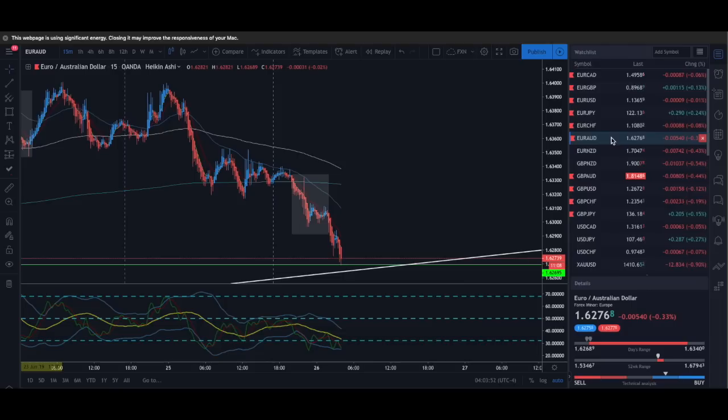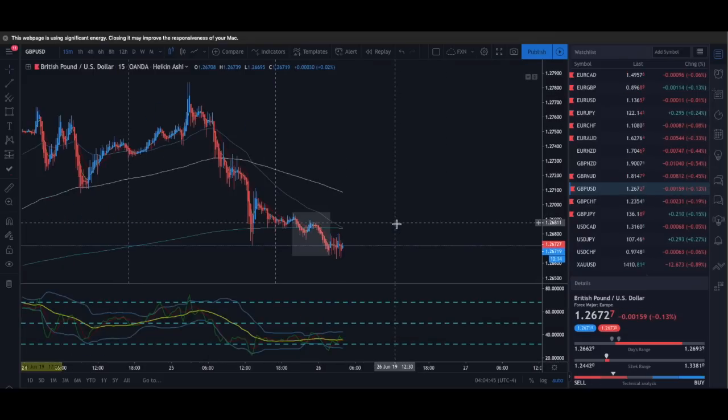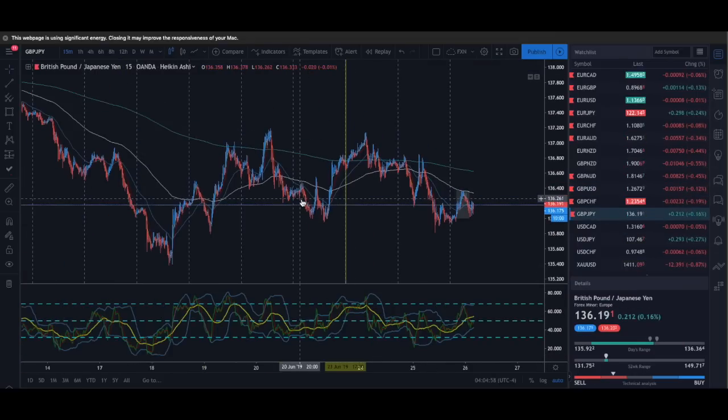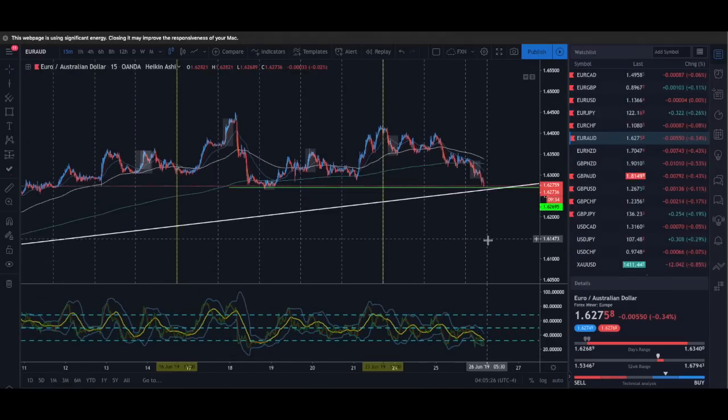So as we go along throughout the session, you'll see me uncheck the little red dots next to the actual pairs, and that's because I've determined that that's not a viable trade, either because the setup is not there, or maybe the picture is not clear enough for me to want to take that trade.